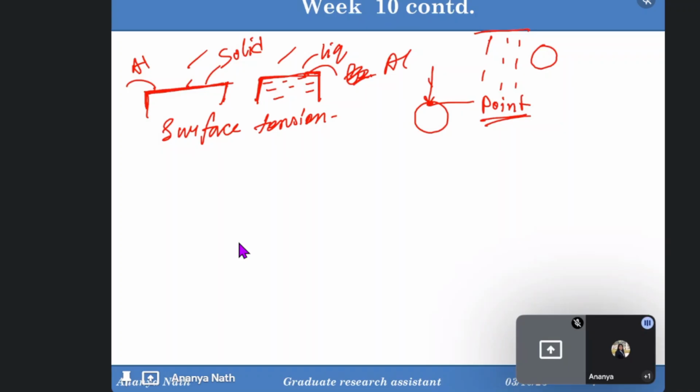So magnesium will be alloyed to aluminum. This is why the resultant property will be a lesser surface tension. So this is one point: due to the less surface tension of magnesium, the alloy which has magnesium will have less surface tension.